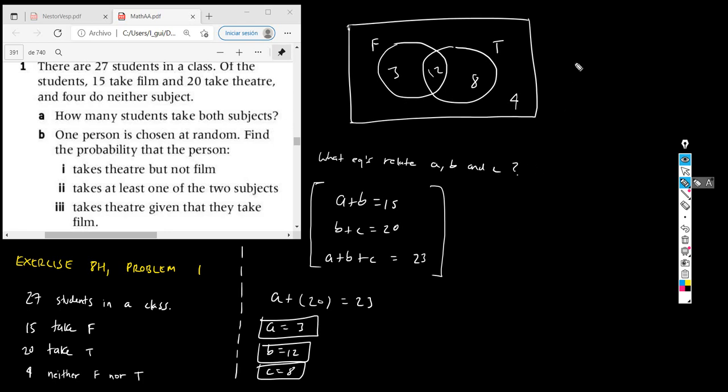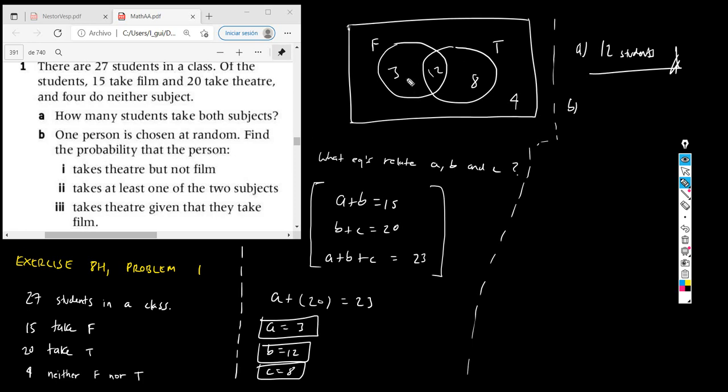So, question A, 12 students. That's the answer. And then B, one person is chosen at random from this class. Find the probability that the person takes theater but not film.